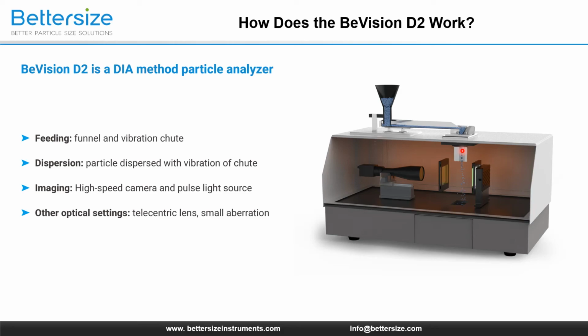Going through the adjustable feeding guide, particles enter the Bevision D2. Depending on the approximate particle size and the width of particle size distribution, the Bevision D2 offers 5 optional objective lenses to ensure the result accuracy.